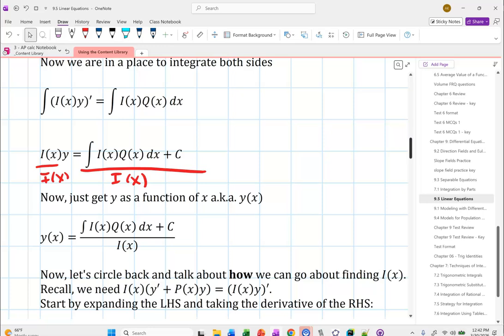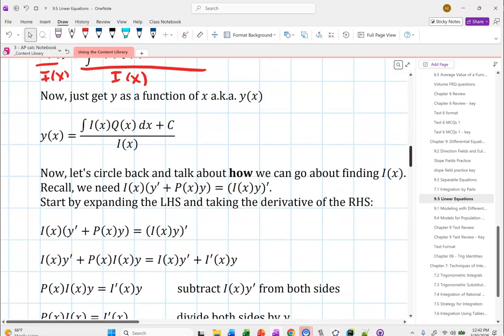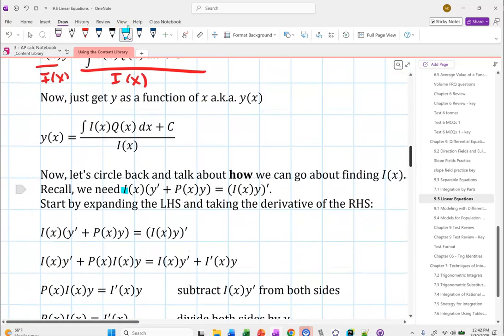Now for the tricky part. How do I come up with this integrating factor? So here's the catch: I of x times the left-hand side has to give me the derivative of I of x times y. So that's what I'm going to start with. I'm going to then distribute I of x through, and I'm going to go ahead and compute that product rule derivative.